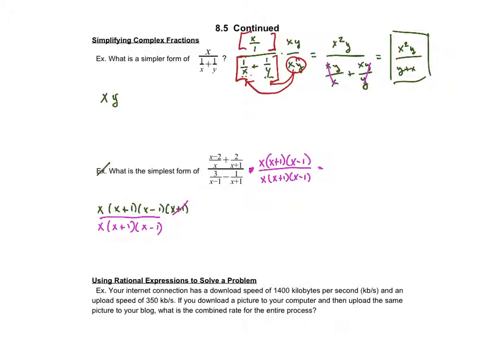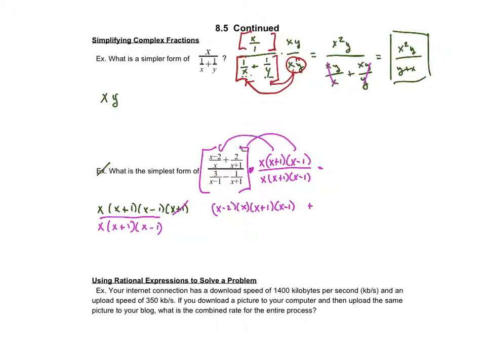And therefore now we have to distribute. So doing this the very long way, I would have x minus 2 as I distribute here times x plus 1 times x minus 1.